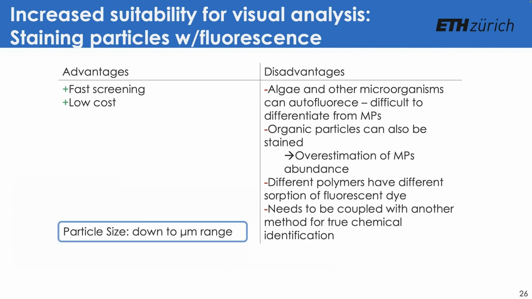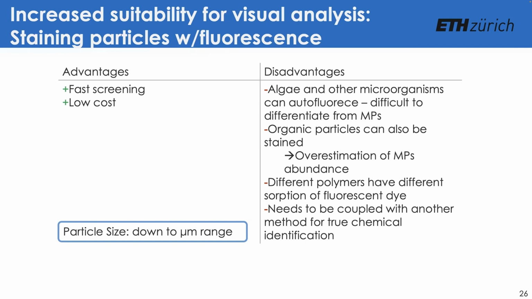So as before, this is also really fast and low cost, or relatively fast and low cost, but still has several disadvantages, especially because a lot of other types of particles, for example, microorganisms, can also autofluoresce. So it could be difficult to actually differentiate between microplastics and other particles. And sometimes other particles can also be stained in the sample. So you may have an overestimation of your microplastics.